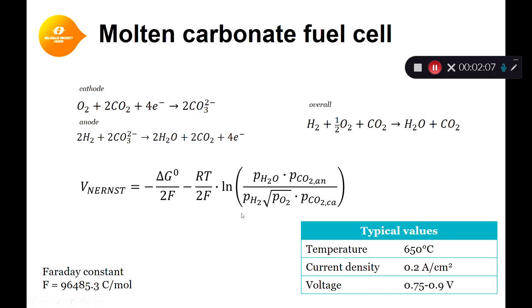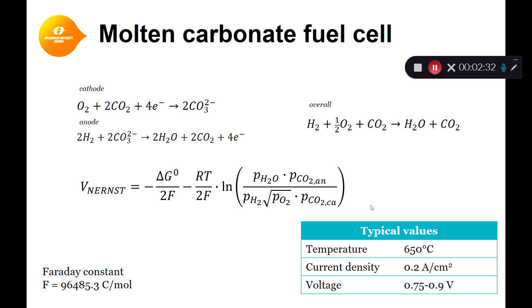The reactants are the hydrogen, the oxygen, and the carbon dioxide fed at the cathode side. Once we know the Nernst potential, we can use common models for the losses that we have seen in the introductory lesson and calculate voltage and power.